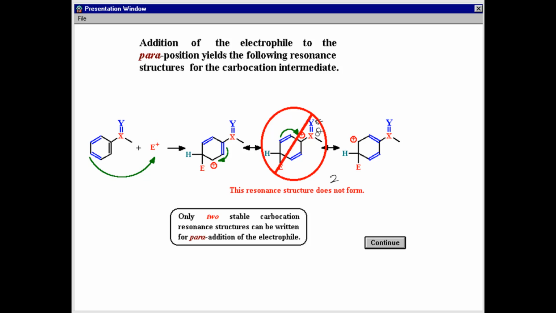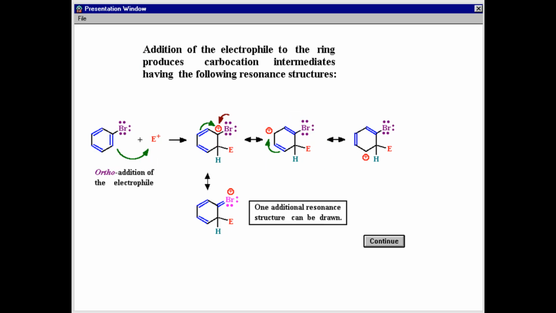Now we got to deal with halogens, though, because halogens are the oddballs. So it is a deactivating group by induction, but the halogen has 3 lone pairs. So it's going to look like that generic form of the X with lone pairs. So what that means is when I add the electrophile to the ortho position and put the plus charge next to the bromine, I'm going to get a 4th resonance structure. Now, is it stable?